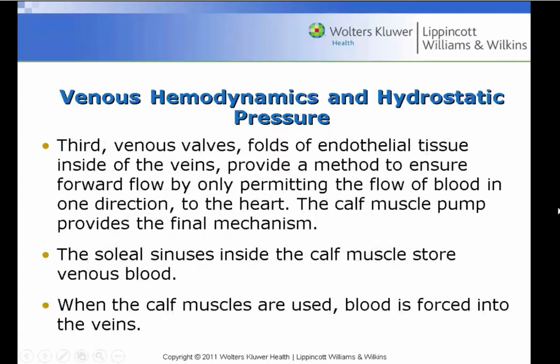Third, venous valves, or folds of endothelial tissue inside the veins, ensure forward flow by only permitting the flow of blood in one direction to the heart. Then we have the calf muscle pump, providing that final mechanism, squeezing and allowing that blood to move towards the heart.